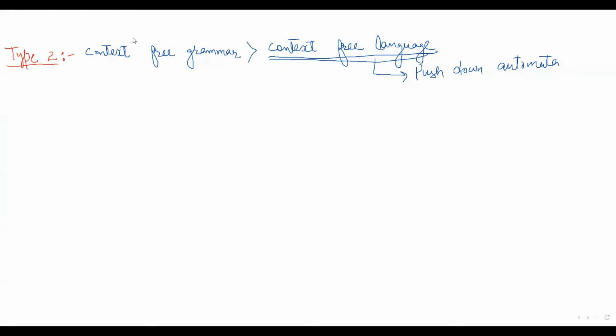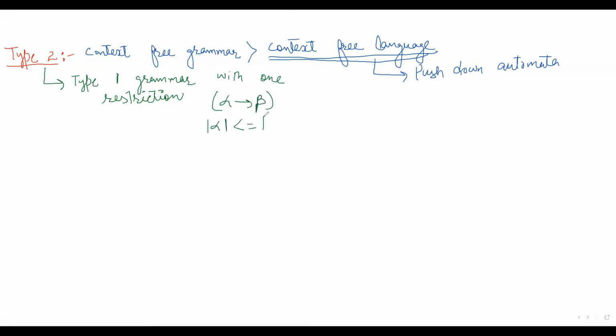So type 2 grammar is like type 1 grammar with one restriction. And what is the restriction? As we know, the production will be like this, and length of alpha will be less than or equal to length of beta.